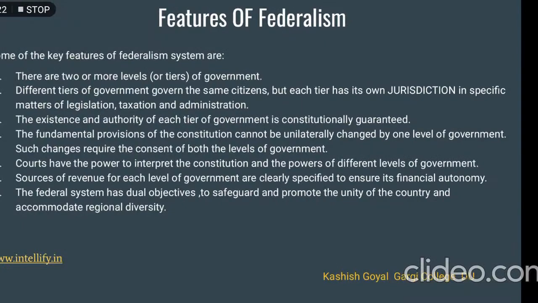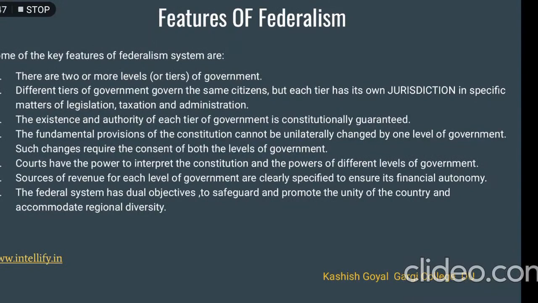If they have a good amount of fixed resources, then they don't have to always beg to the central government. The state governments do not always have to ask the central government for resources. They have a fixed amount of financial autonomy, which has been given according to their demands and the geographical conditions of the state. So they've already been assigned fixed amounts of revenues so that they can run their state well.